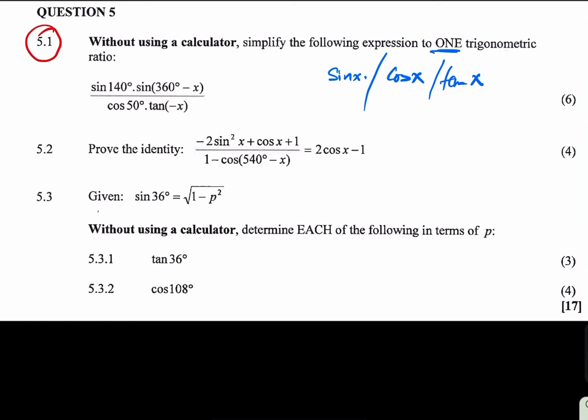I'm now going to attempt the questions. The first one, we are given the sine of 140 degrees multiplied by the sine of 360 degrees minus x, divided by the cos of the acute angle, which is 50 degrees, multiplied by the tangent of negative x. We want to simplify that. Let me copy it, and then we see how far we can go with that. 5.1.